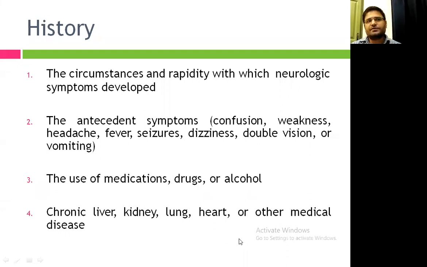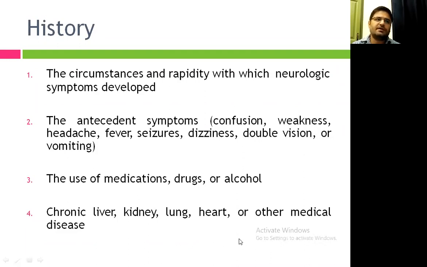What are the causes of sudden onset unconsciousness? That could be subarachnoid hemorrhage, severe hypoglycemia, any intoxication, or any vascular or traumatic lesion like subdural or extradural hematomas. So ask how rapidly the neurological symptoms developed.